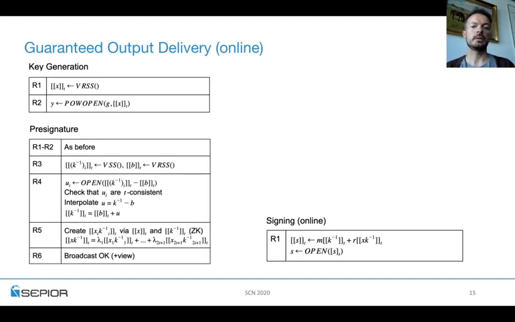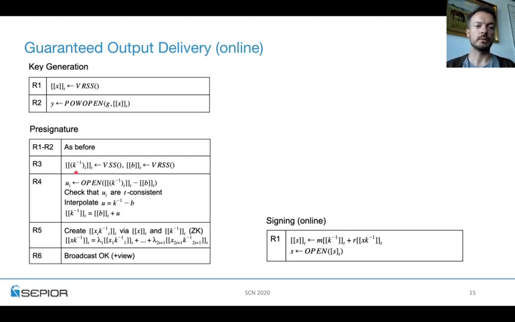So here is the extended scheme. Key generation works as before, except that we use verifiable Pedersen secret sharing to generate the private key X. Now, in the pre-signature phase, round 1 and 2 work as before. In particular, that means that in round 3, everyone knows its share of K inverse.